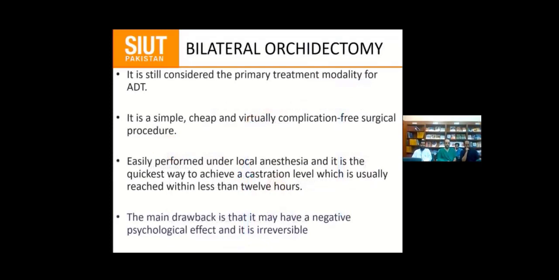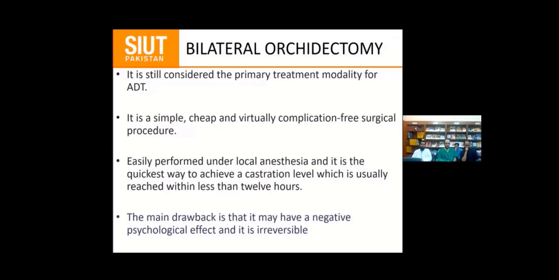First of all, bilateral subcapsular orchidectomy. It is still considered the primary treatment modality for androgen deprivation therapy. It is simple, cheap, and virtually complication-free, except for surgical complications, mainly localized edema or collection.